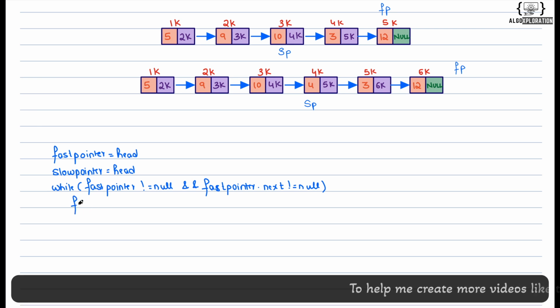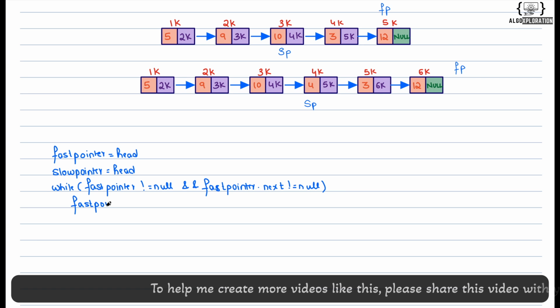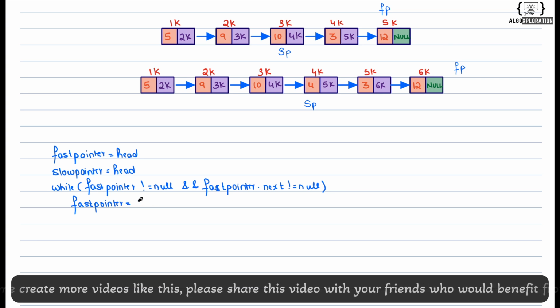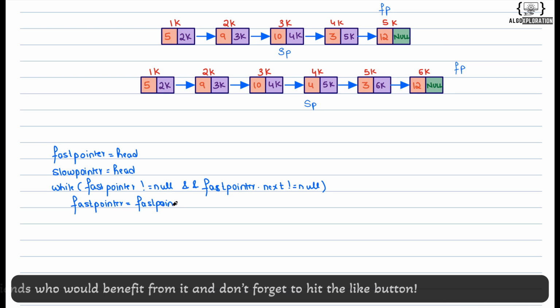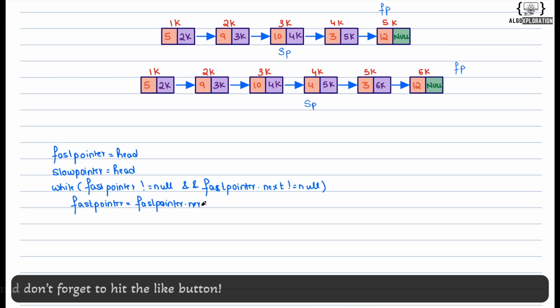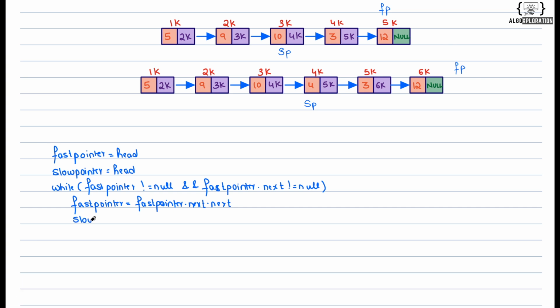So the fast pointer will be fast pointer dot next, and the slow pointer is equal to slow pointer dot next. That's it, and we are done. At the end, we need to return just this slow pointer.